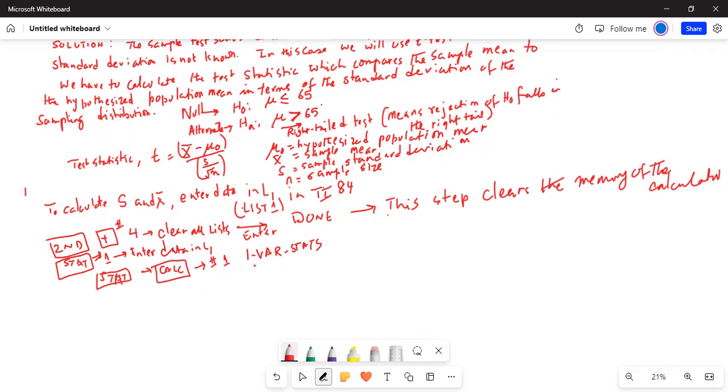Then they ask for list, which is L1, which is already there. Next line, frequency list should be empty. If there is something after the colon, press the clear button. Then bring the cursor to Calculate and hit enter.